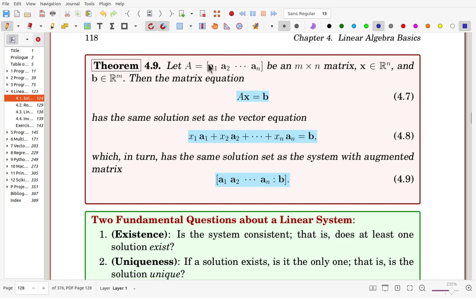So along with the columns of A, we can write this equation as this vector equation, which in turn has the same solution set as the system with the augmented matrix. That is from matrix A, and that is from the right side. So the solutions from each one must be the same.